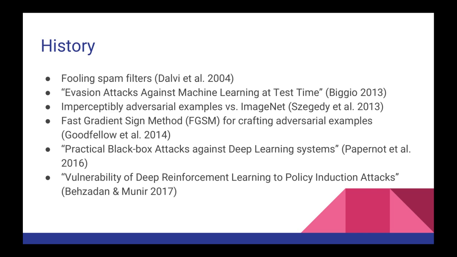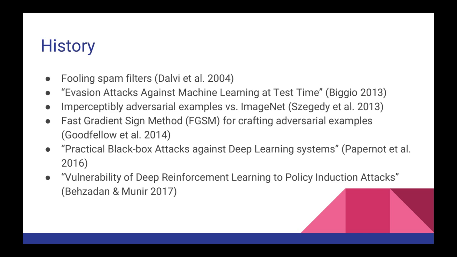Now, back in 2013, Biggio and Szegedy, almost at the same time but separately, came up with a very interesting discovery that image classifiers, especially neural network-based image classifiers, are susceptible to adversarial examples, which means the type of images that can fool the classifier into making an error.